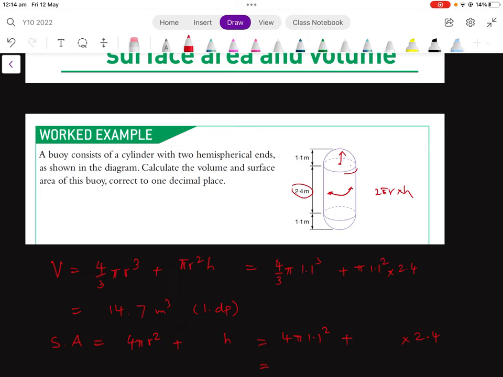Let's fix this one: 2 pi r h and 2 pi 1.1. Okay, so once I plug this in, rounding to 1 decimal place, I'm getting 31.8, and the unit is going to be surface area, and everything is in meters, so meter square, 1 dp.